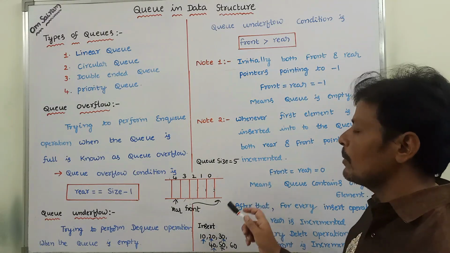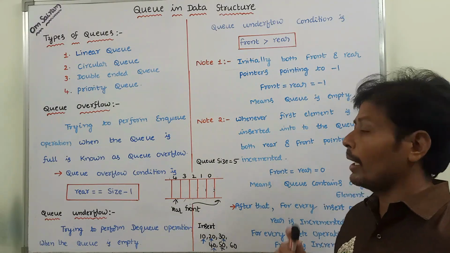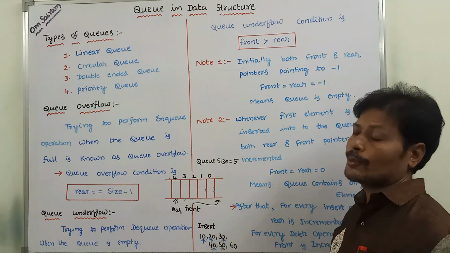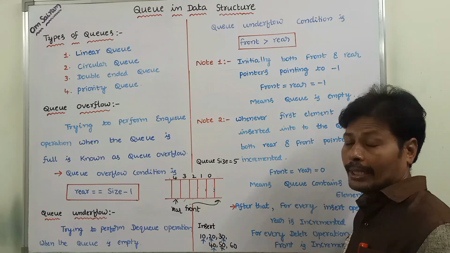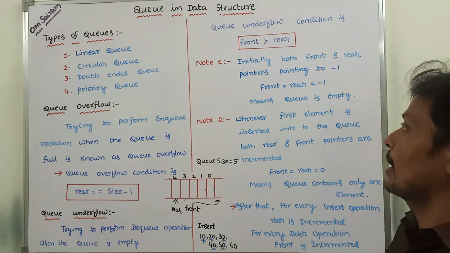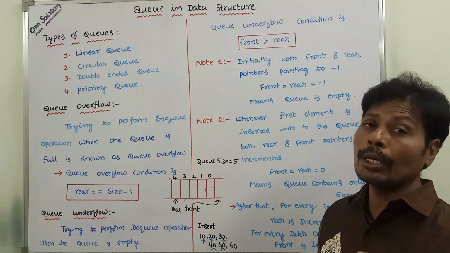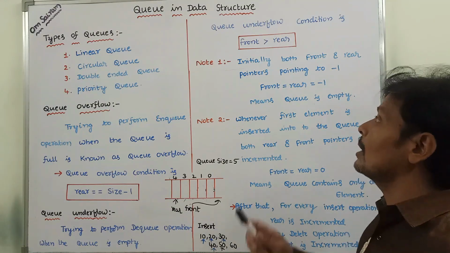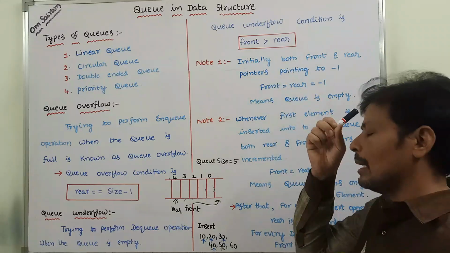So at that time queue is empty. Again we perform delete operation. So in that situation queue is in underflow condition. So what is the code for representing queue underflow condition? Front greater than rear.